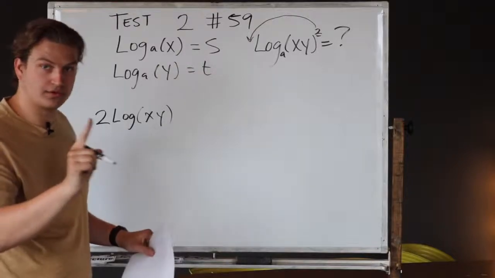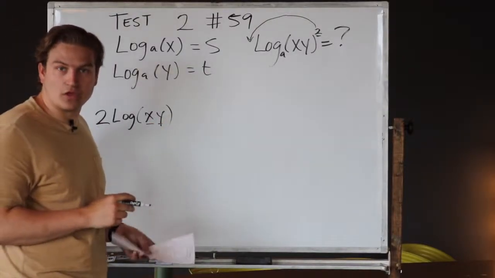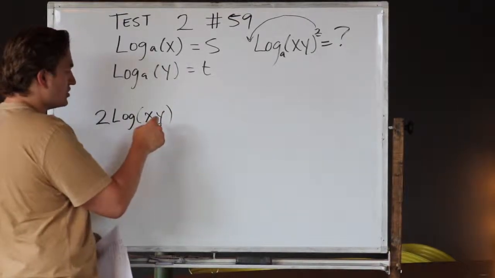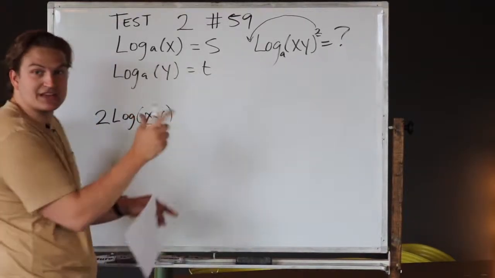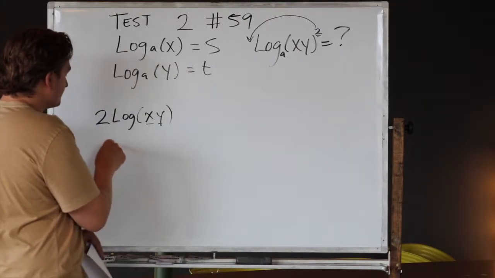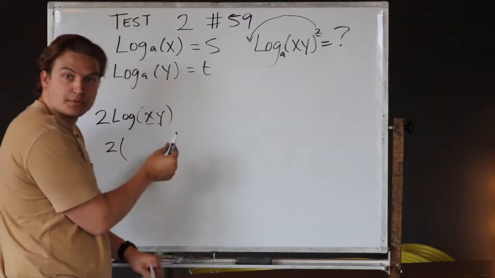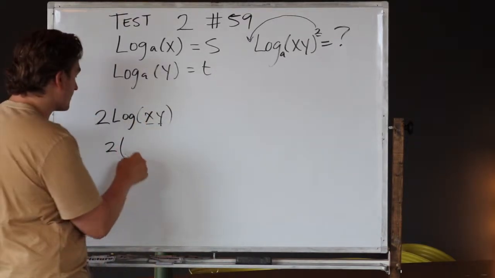Now there's another rule that says, if you have two things multiplied together inside the log, you can separate them into two separate logarithms, which would look like this. We have 2 as our coefficient times, since there's multiplication, we can separate this into two different logarithms.